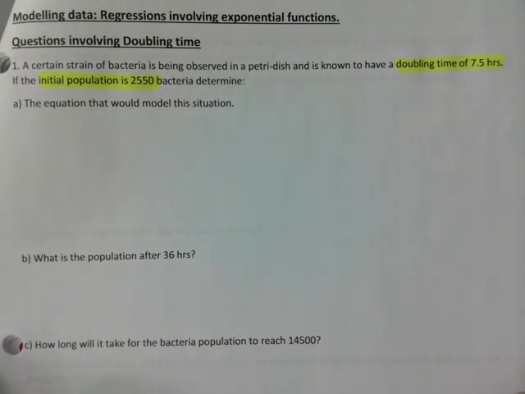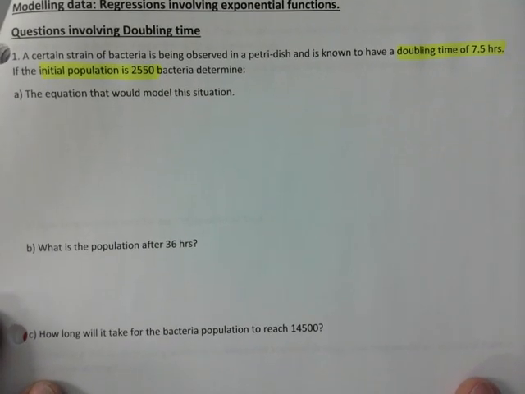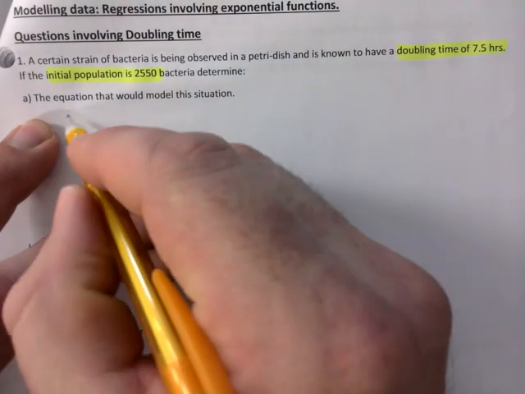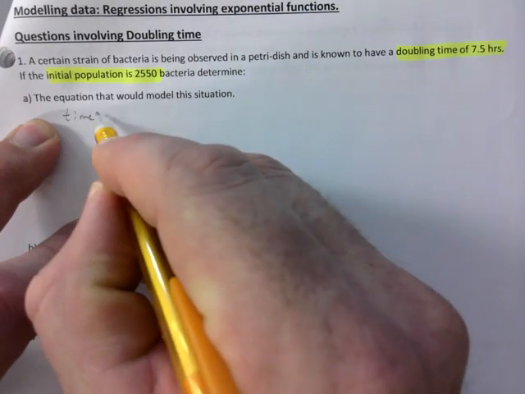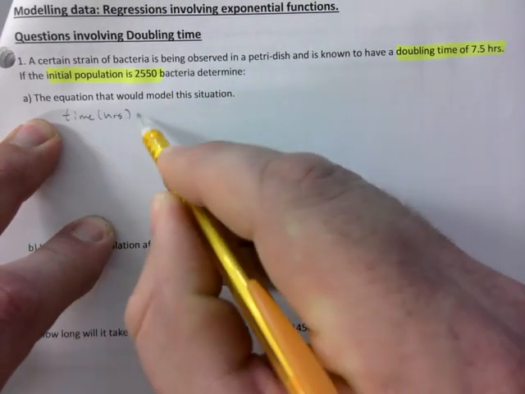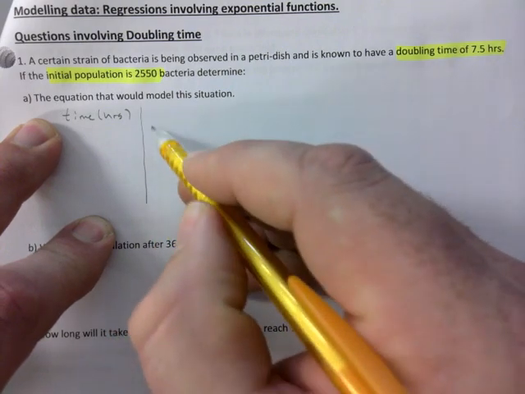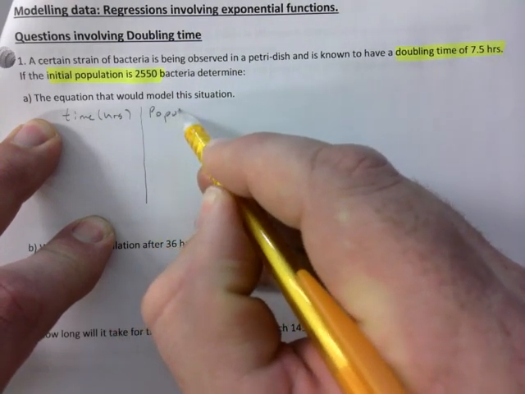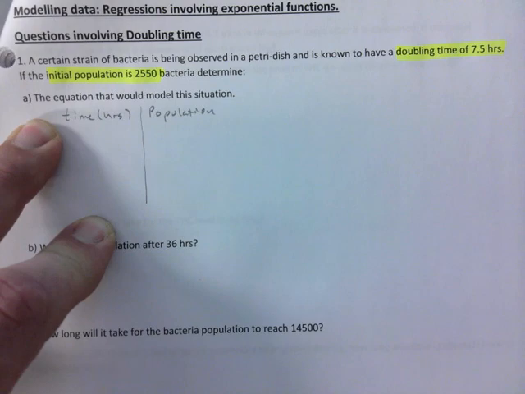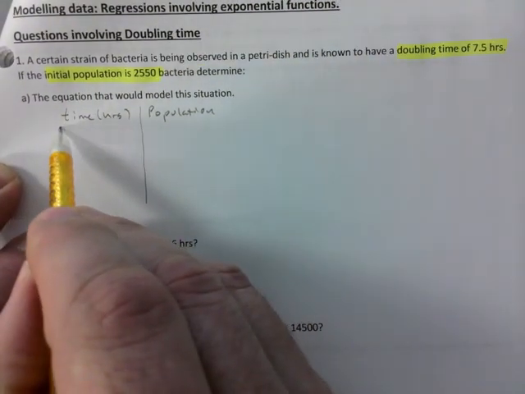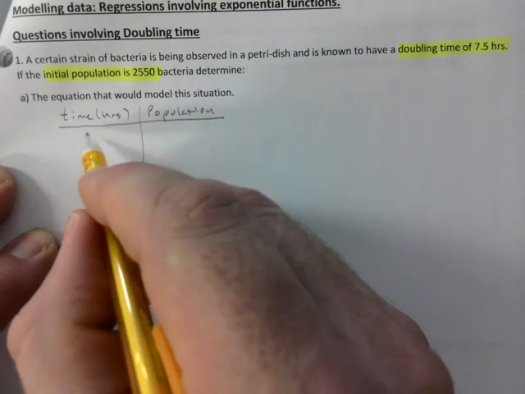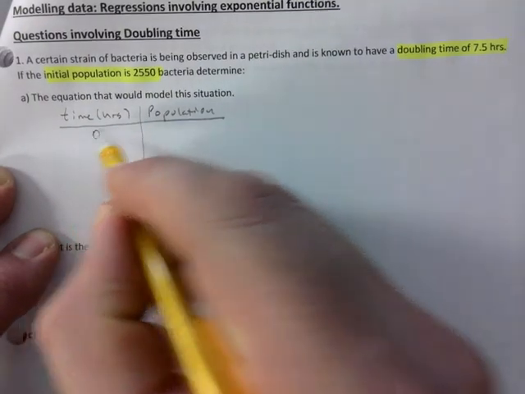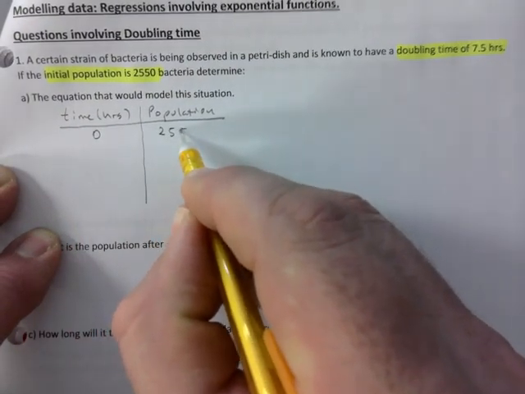When you have something like this, you should have time in hours in this particular case, compared to the population. They give you the initial population, which means that when time is 0, we have our 2550.